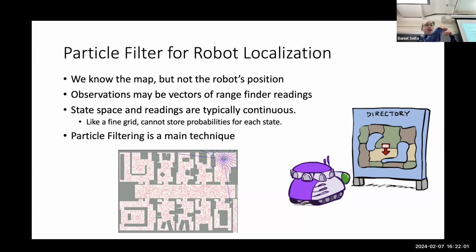The robot shoots out some light to a target, and you measure the time it takes to return, and then you can get a distance. If you do that enough, you get some observation Z_t that tells you something about X_t, which is the true robot location. Particle filtering is a common technique used in this kind of setting.